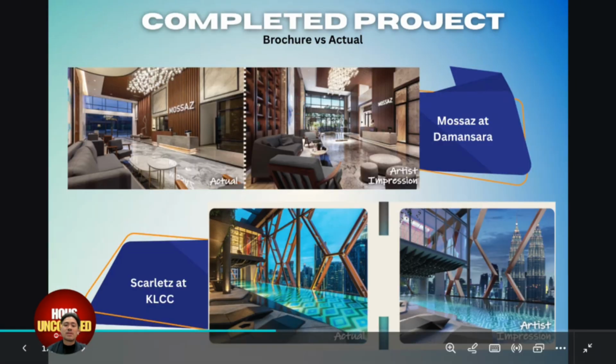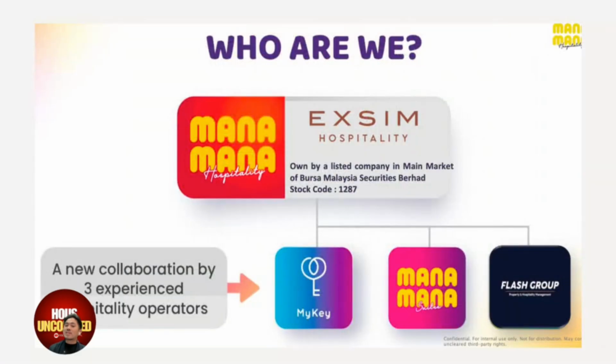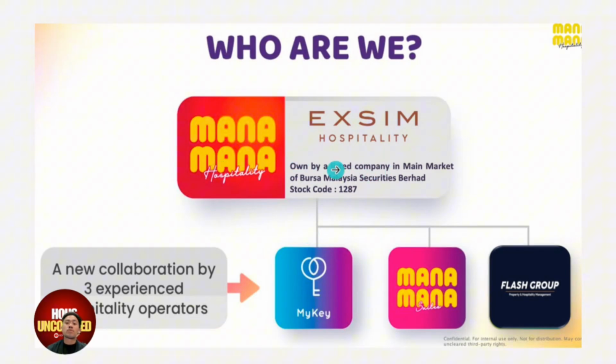Exim, all this while, their track record has been quite consistent, where you can see brochures and actuals are quite similar. And this is also one of their selling points, right? Where they will say that their completed project and their brochure are almost 99% the same. And of course, for Exim right now, they have this Mana Hospitality, which is also listed, right, on the main market of Bursa Malaysia.